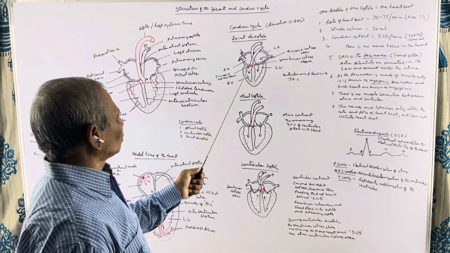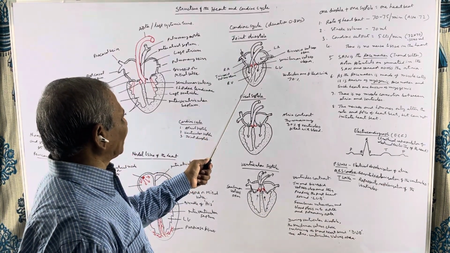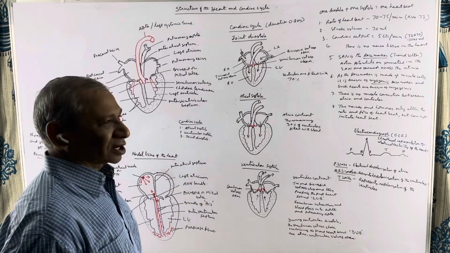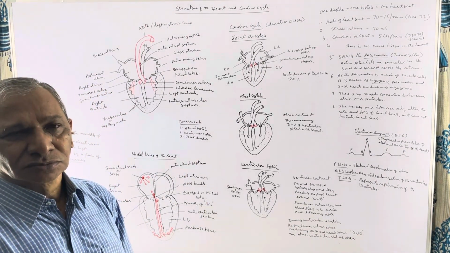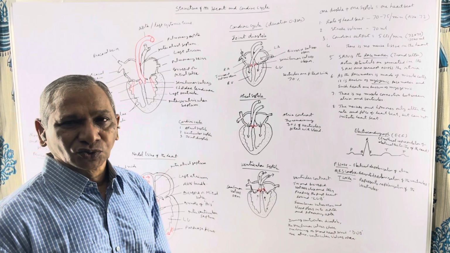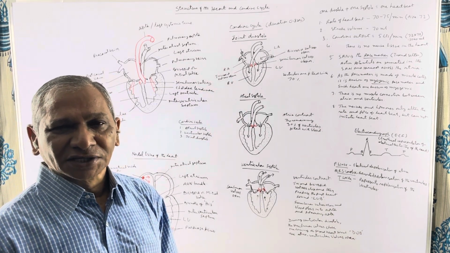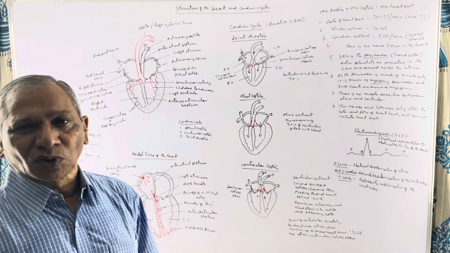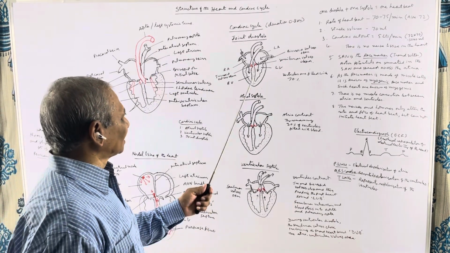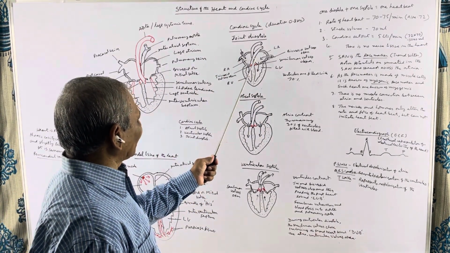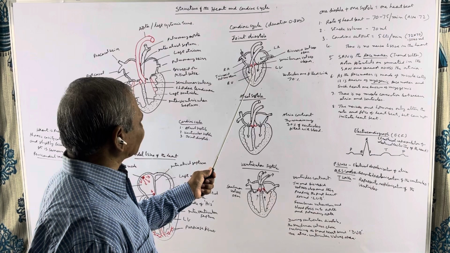During joint diastole, the tricuspid and bicuspid valves are kept open. You must remember this point very carefully. During joint diastole, the tricuspid and bicuspid valves are kept open. As a result, what happens? The blood entering the atria also flows into the ventricles.